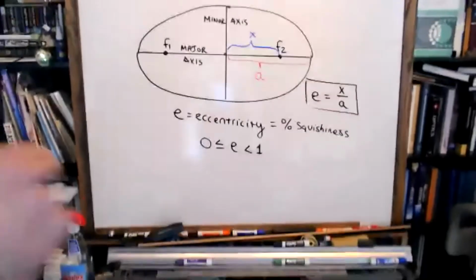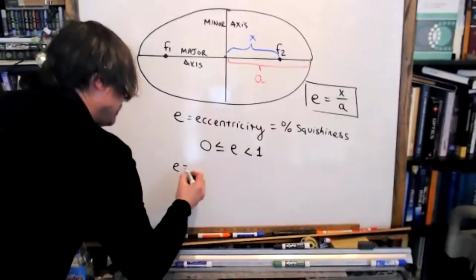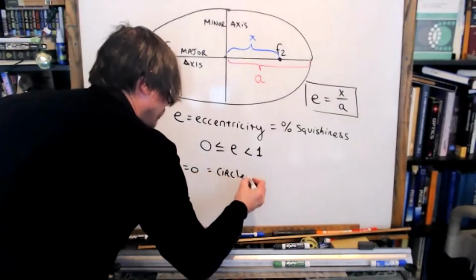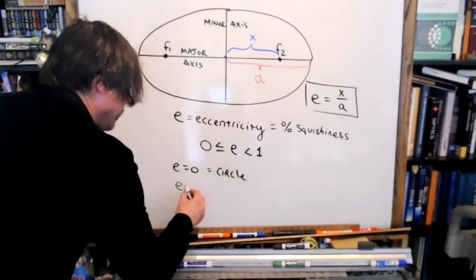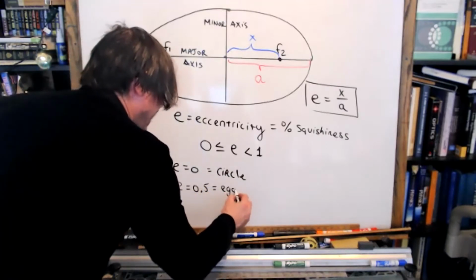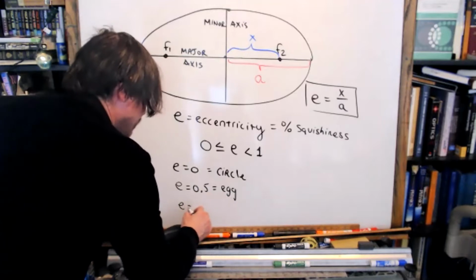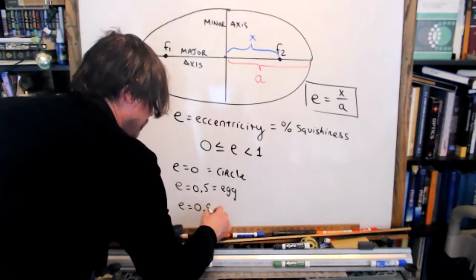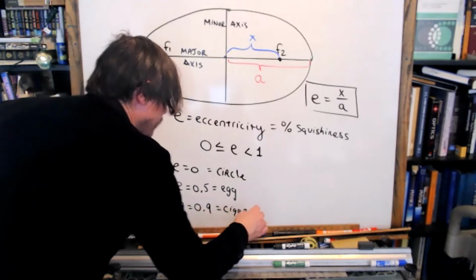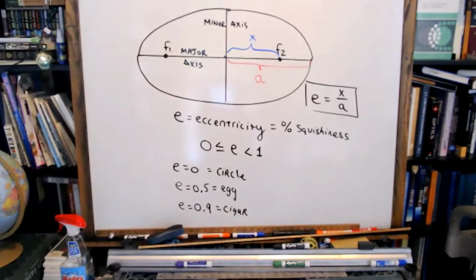The rule of thumb is that if E is 0, your ellipse is a perfect circle. If E is 0.5, it looks like an egg. And if E is like 0.9, then it looks like a cigar. I'm going to show you a picture of some different eccentricities, but that's a quick cheat sheet.